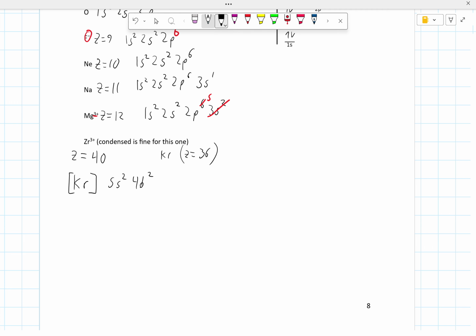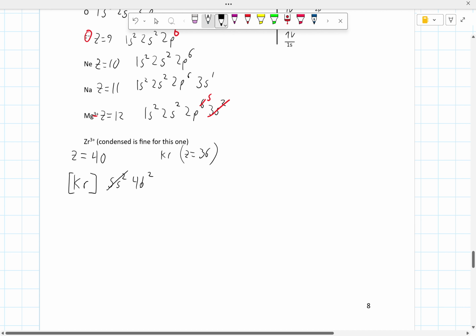But now if I want to go to 3 plus, remember, for removing electrons and adding electrons, we will remove from the 5s before we remove from the 4d, and we add to the 5s before we add to the 4d. So first one in, first one out.